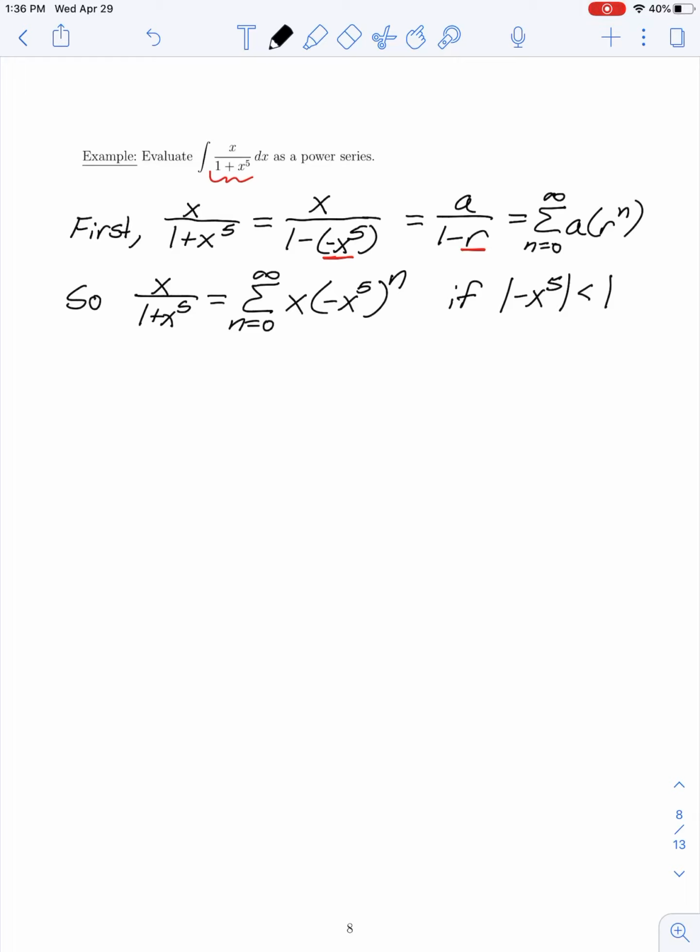Okay, so in order to integrate this, we might first want to simplify the expression that we have for our power series. We'll see throughout this section and the next section that if you're going to find a derivative or antiderivative of a power series, it is very helpful to first simplify it. So for the power series that I found, one way that I could rewrite this would be as negative 1 to the nth times x to the 5n plus 1.